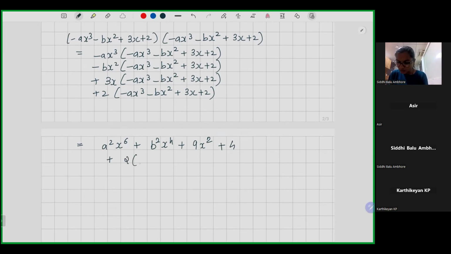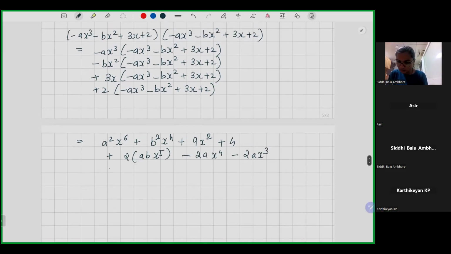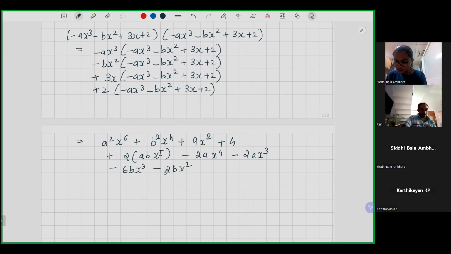So that is 2 into first two terms is ab x power 5 plus minus 2a x power 4 minus 2a x cube minus 6b x cube minus 2b x square, so 2b is 4b, plus 12x.